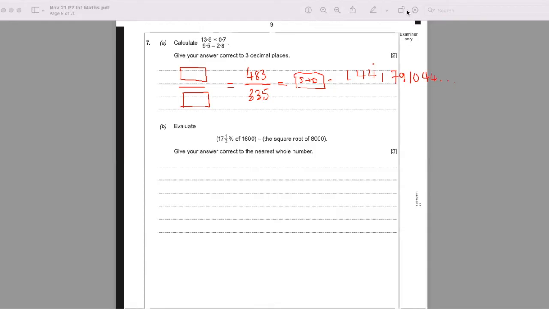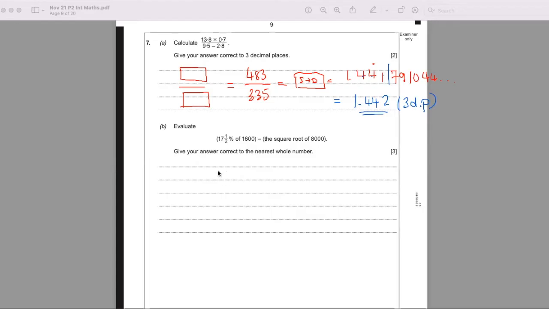You need 3 decimal places, so you count 1, 2, 3, draw the line. The next digit is 7, so it's more than 5, so 1.442. Okay, and that's 3 decimal places. Now, next one, evaluate 17.5% of 1,600, take away the square root of 8,000.